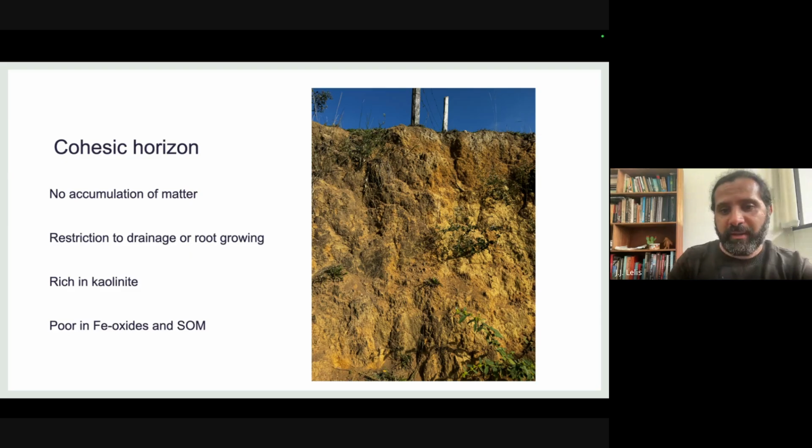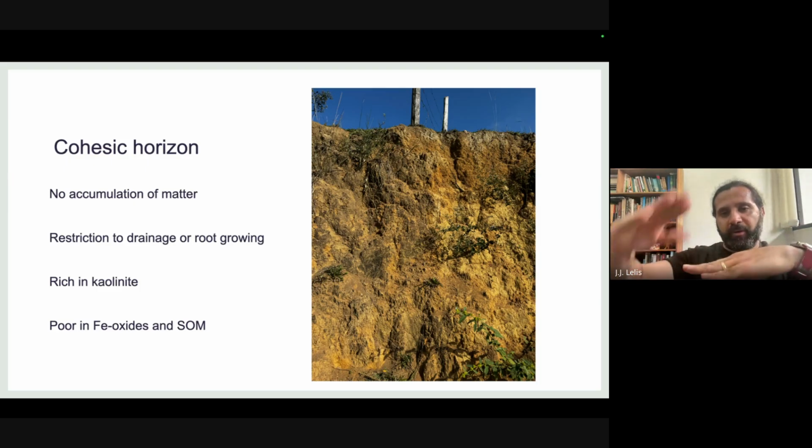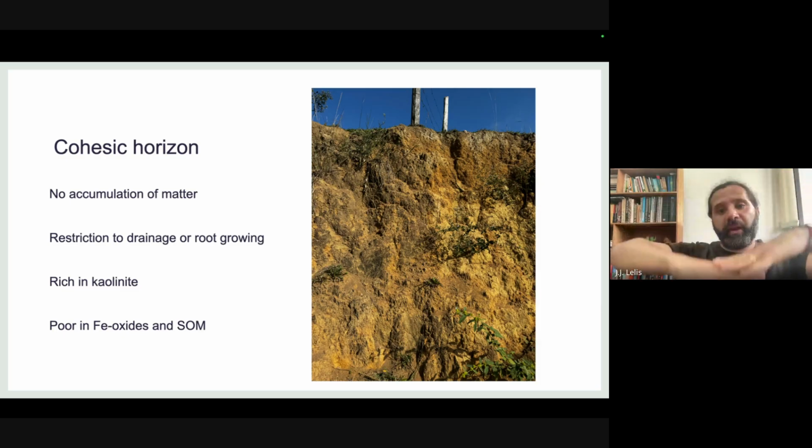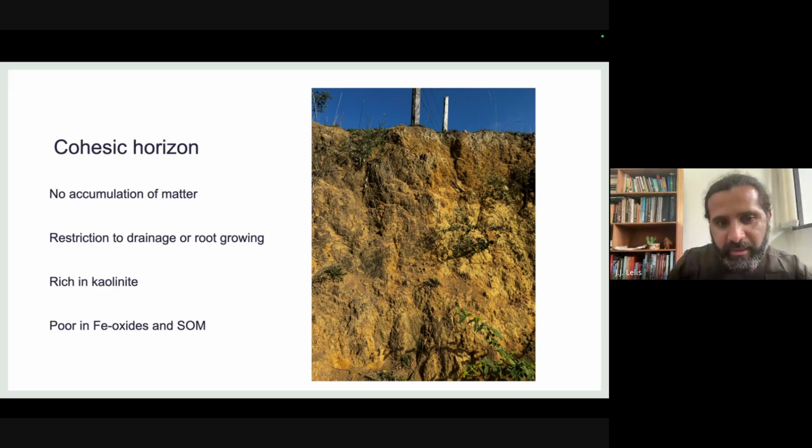Kaolinite has a layered shape, and you can put one kaolinite layer above the other, above the other, and because of this the voids will not be connected. Because of this low connection between voids, water percolation through the soil and root growth will be quite hard.